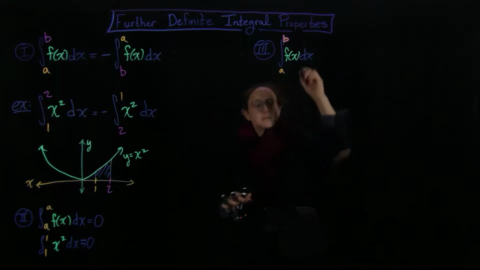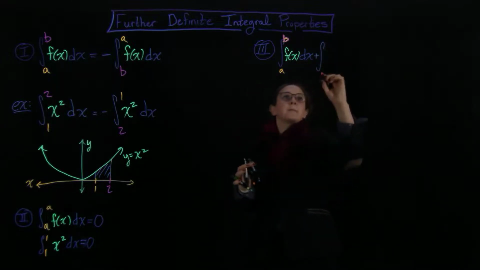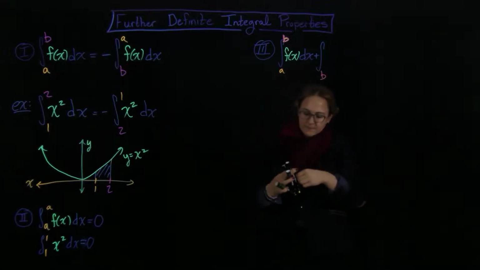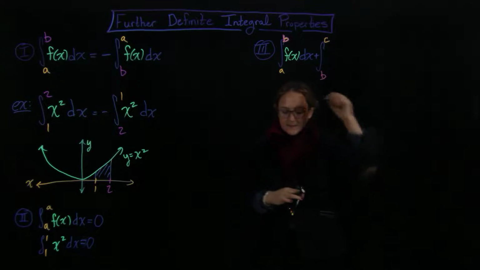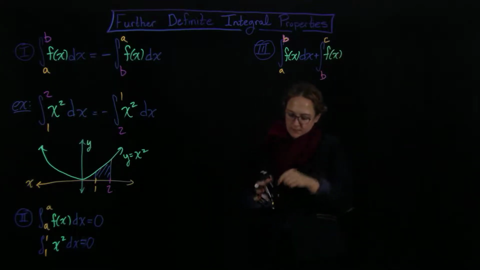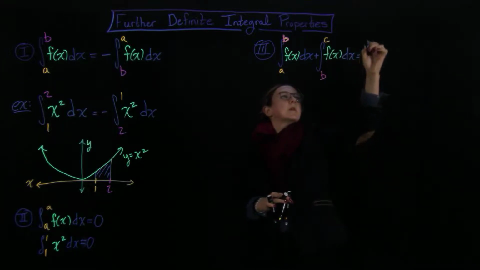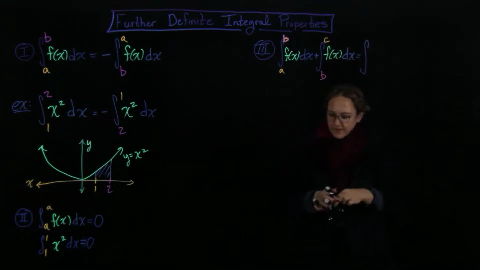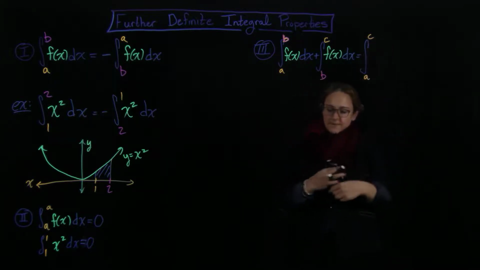And we added to that the integral from b to c of f of x dx, then we should get the integral from a to c of f of x dx.